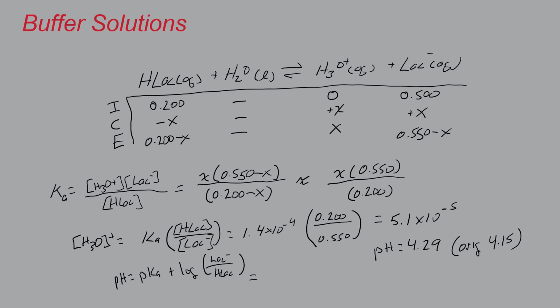And we could have done that, and that would have given us pKa is 3.85 plus the log of 0.55 over 0.20, which also gives us 4.29.